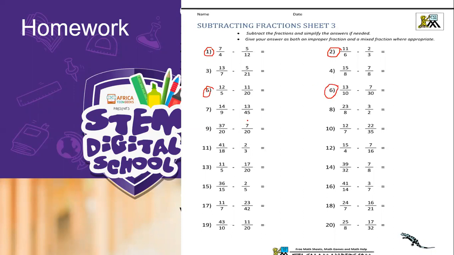You do it alone at home with your parent. Corrections are done on Wednesday, and on Thursday I'm going to give you the corrections to the test. The test will be available on the website from tomorrow.